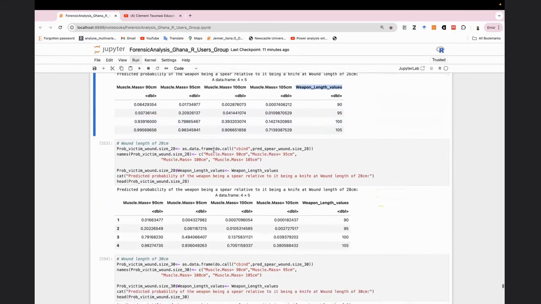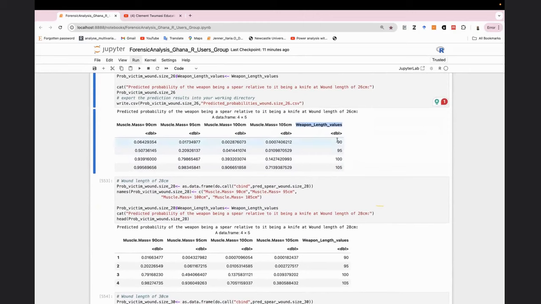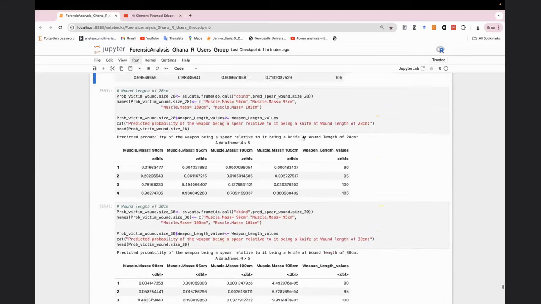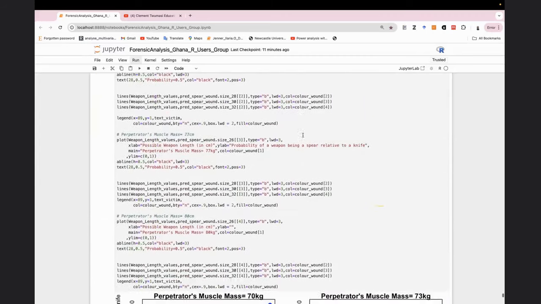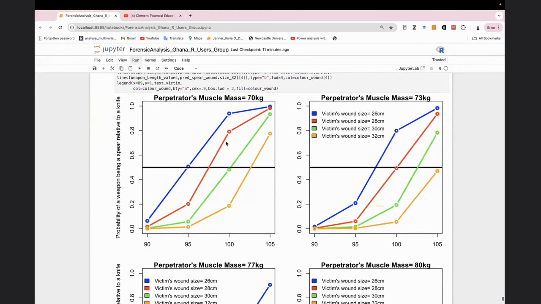It's telling different muscle masses, the weapon length that was used, and the corresponding probabilities at each instance. Here it tells me that when the weapon length is 90, for the wound length of 26, this is the probability of it being a spear at different values of muscle mass.